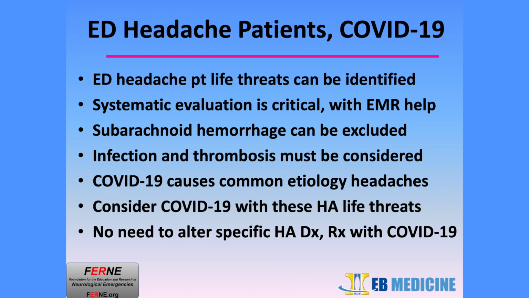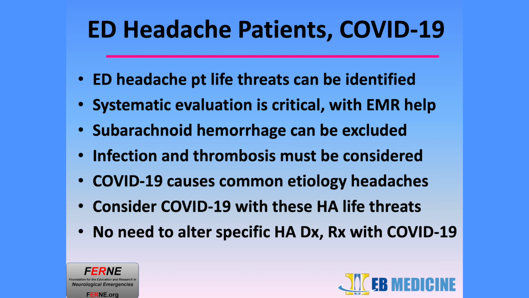When considering the diagnosis and treatment of emergency department headache patients, especially in the setting of this current COVID-19 pandemic, the following can be concluded. Emergency department headache patients who present with potential life threats can be identified. In order to do so, a systematic evaluation is critical, and the electronic medical record can help with this process.